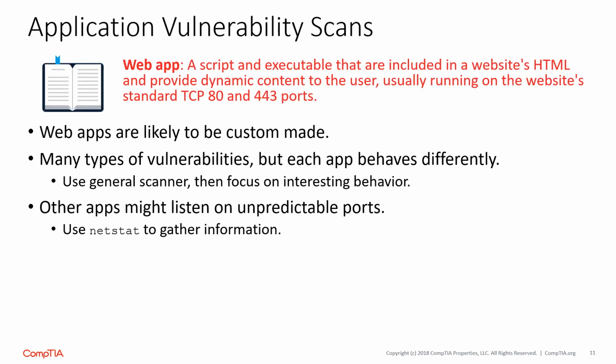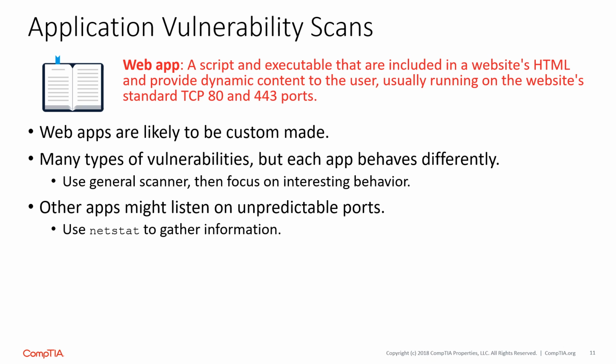Along with well-known services, other types of applications listen on the network. Some provide additional functionality to the standard service. One very common example is the web app. Web applications are scripts and executables that are included in the website's HTML. They provide dynamic content to the user and usually run on the website's standard TCP port 80, and 443 if it's HTTPS.